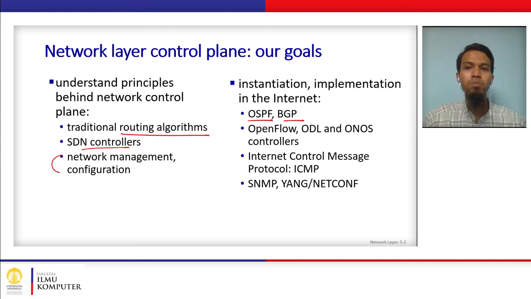If the routing is done within the same AS, the same ISP, the same organization, then we can use one of the very famous routing protocols called OSPF. This is an implementation of the link state algorithm. We'll talk about that later. And for inter AS, the routing among different ASes, we'll use BGP.